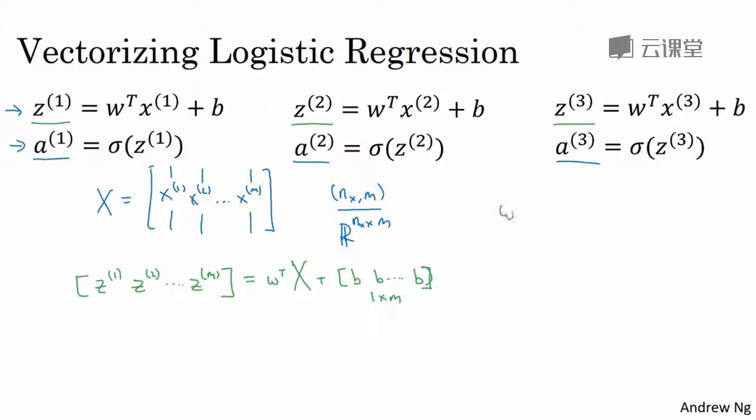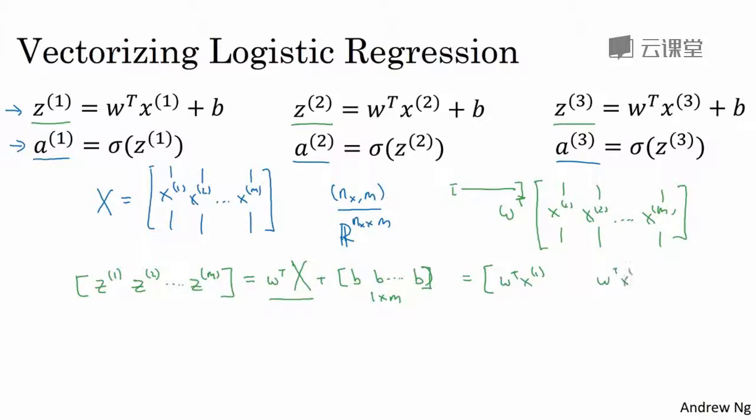So depending on how familiar you are with matrix multiplication, you might see that W transpose times [x1, x2, ..., xm], that W transpose is going to be a row vector, right? So this first term will evaluate to W transpose x1, W transpose x2, and so on, W transpose xm.